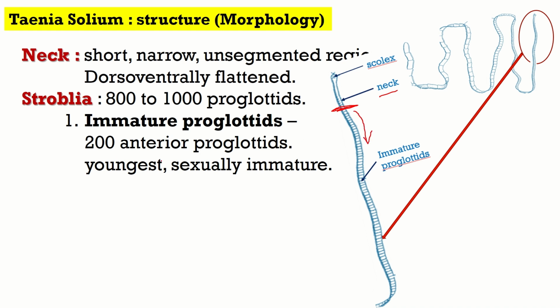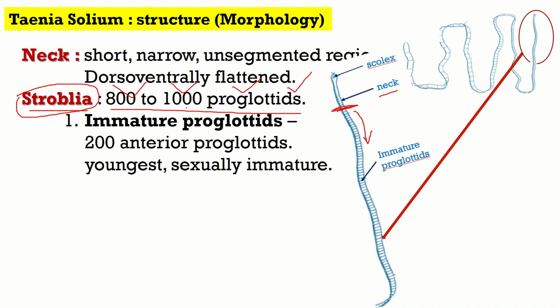A single segment is called a proglottid, and all the proglottids together are called the strobila. The strobila has about 800 to 1000 proglottids altogether.